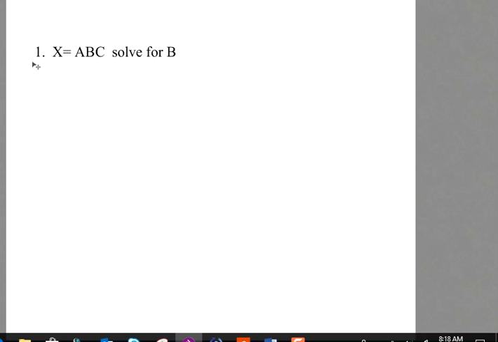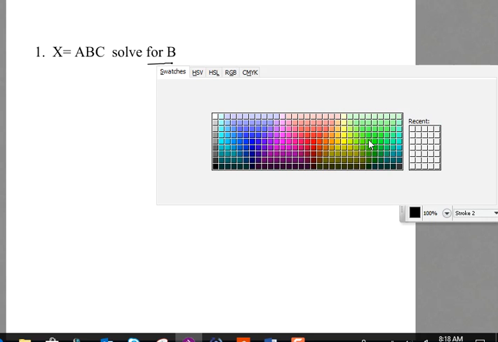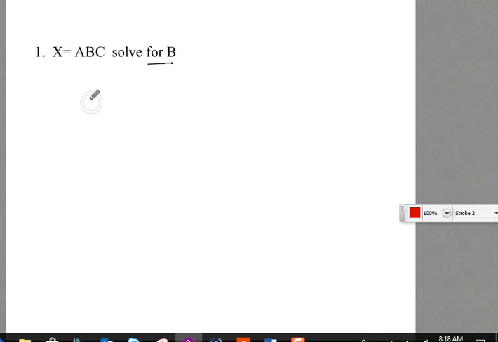It's just that instead of numbers, we have all variables. So if we have this problem, x equals a times b times c, and we are asked to solve for the b, that means we want to get the b all by itself. So we can see the b is right here. I'm going to put it in red. We want the b to be all by itself, which means we have to get rid of the multiplication of c, and we also have to get rid of the multiplication of a.